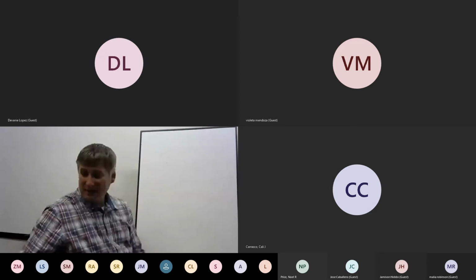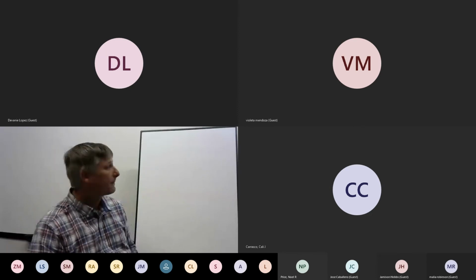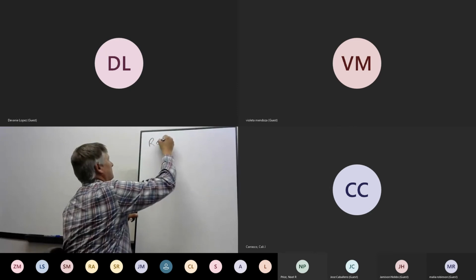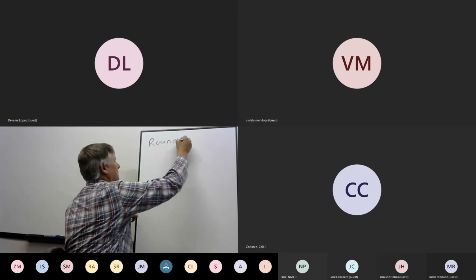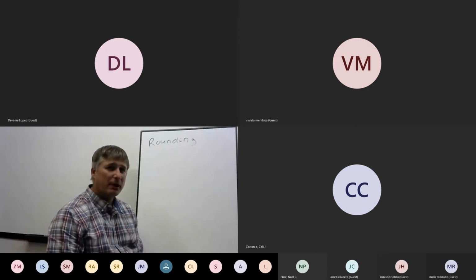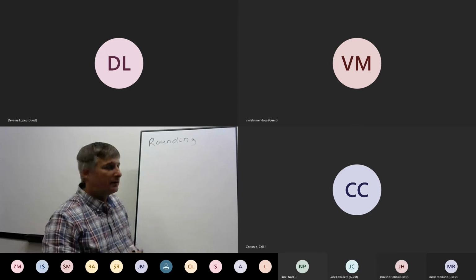So that's how we name decimals. The next thing we're going to take a look at is rounding. And the key thing to rounding is to look to the number on the right.